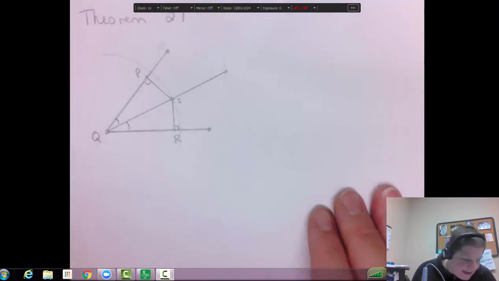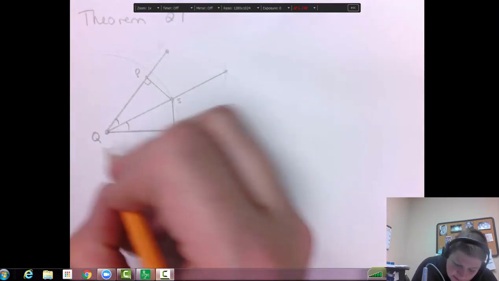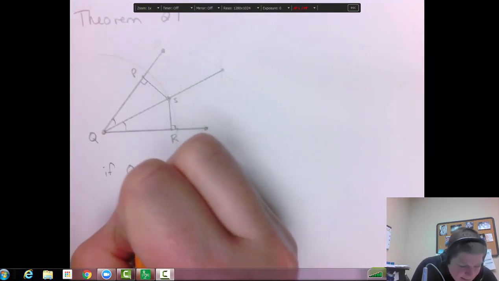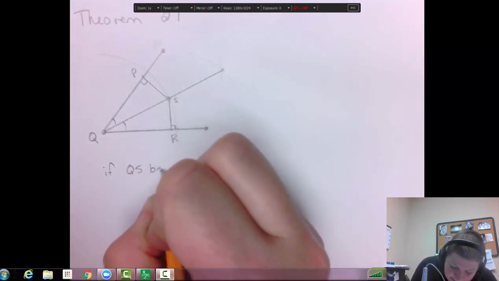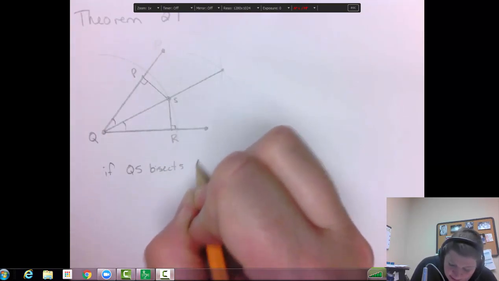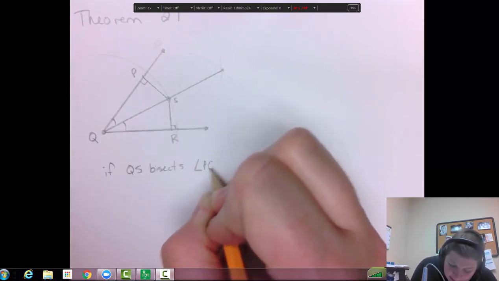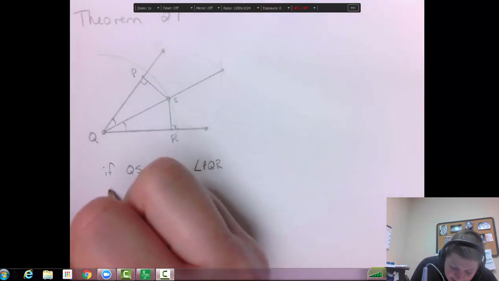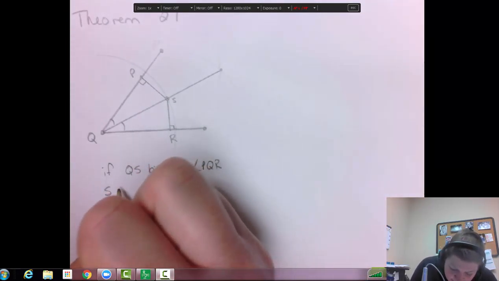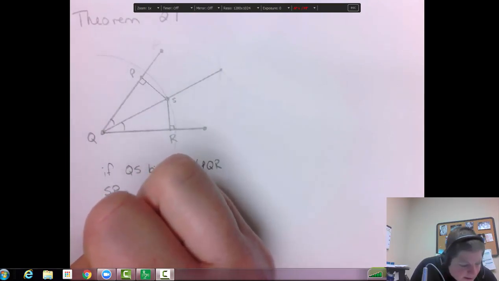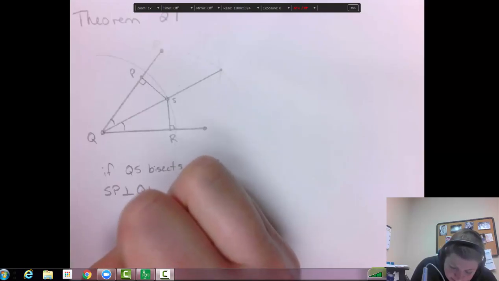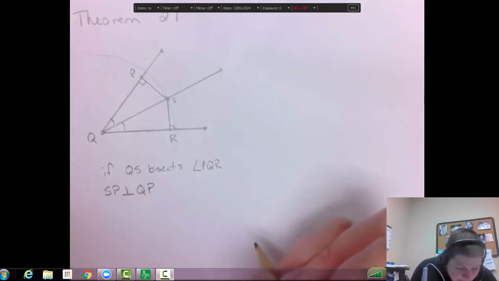It says if QS bisects PQR, and we also have SP is perpendicular to QR, or QP, excuse me, QP.